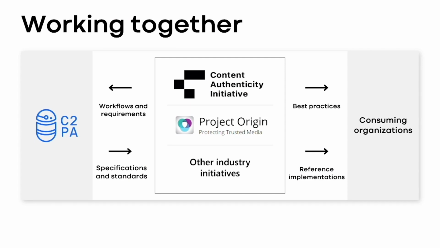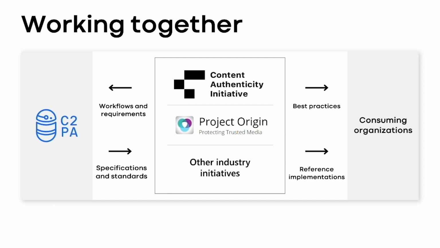CAI and Origin are working with a large number of other companies, individuals, academic researchers, and others to gather requirements from their partners and providing those to C2PA as requirements and workflows. C2PA is then turning that information into technical standards that can be implemented.